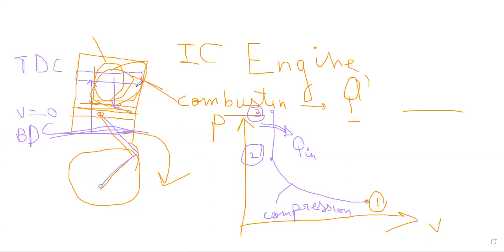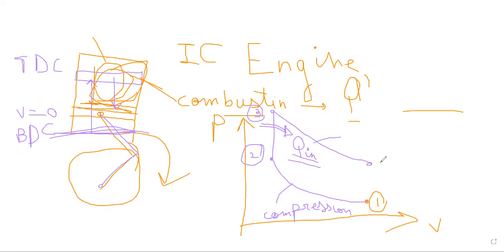So here it's a power cycle, because I put heat and I take work. I am able to produce work from my system by just delivering heat to it. My heat input is through combustion, and my work output is through the expansion of gases, which will push the piston downward. So here we have the expansion phase, and this is what is useful in this cycle.